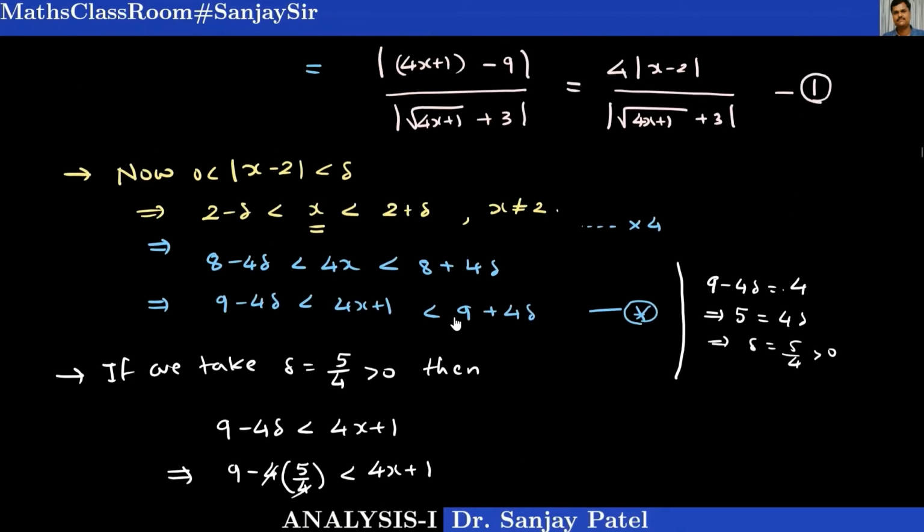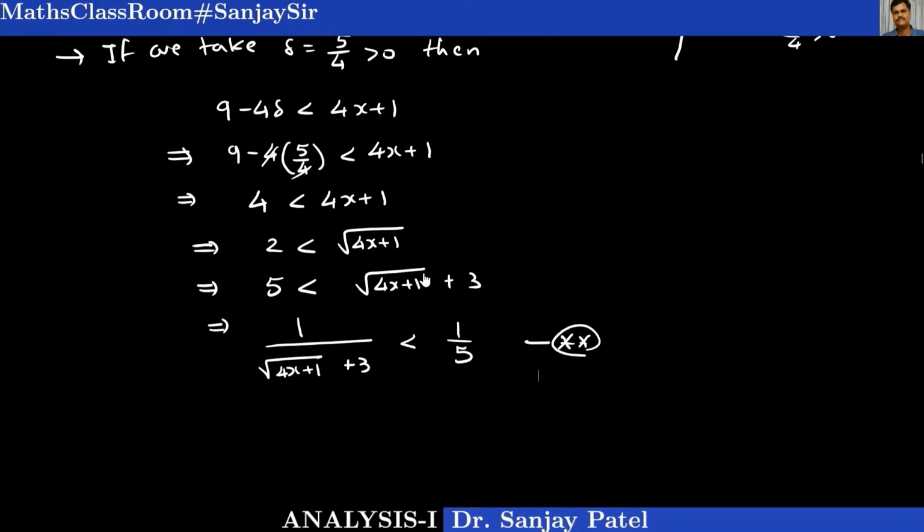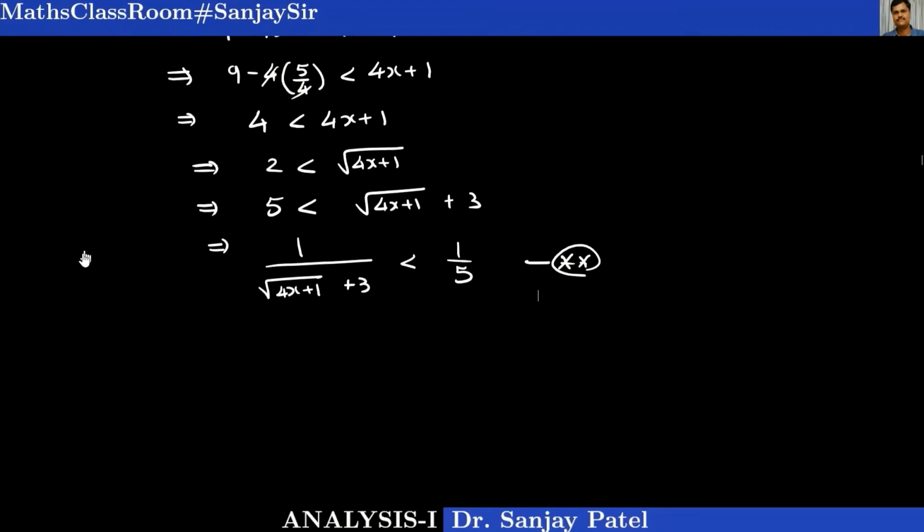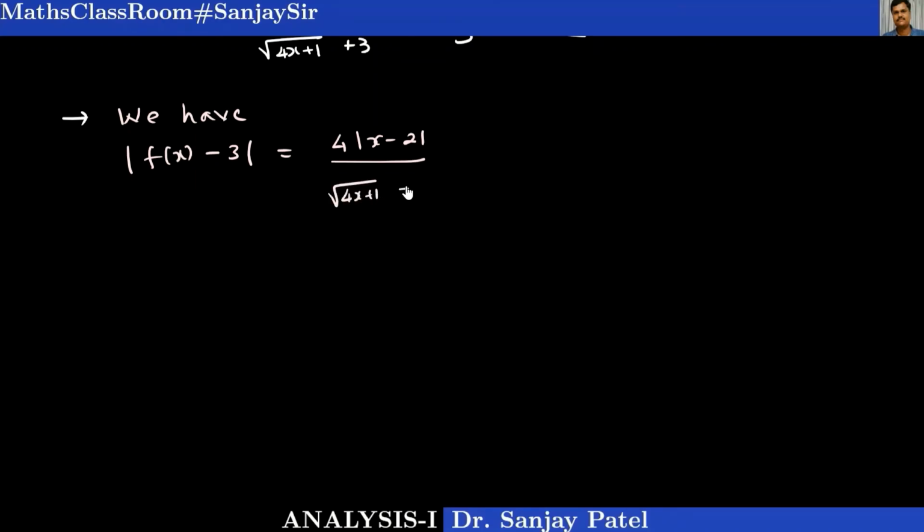So from result number 1 and this result double star, we can write down what is f(x) minus L. So therefore, we have mod of f(x) minus L, that is 3, which is equal to 4 times, which we have proved in result number 1, 4 times x minus 2 upon square root of 4x plus 1 plus 3. Okay, this was our result number 1.